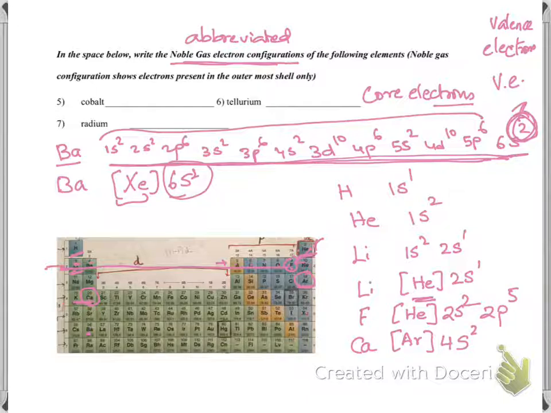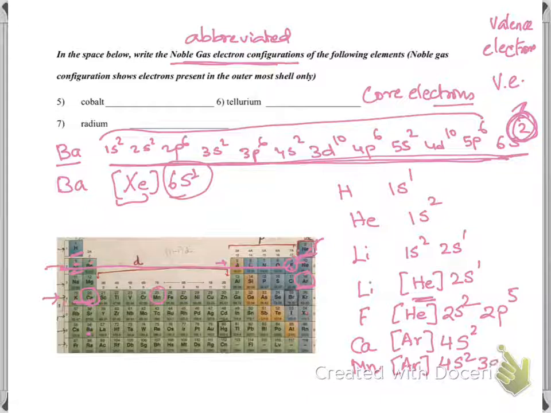Let's look at, for example, manganese, Mn. So what noble gas? Argon. Now we are in the fourth row, 4s2. And remember, when you enter the D block, you put one less row number.